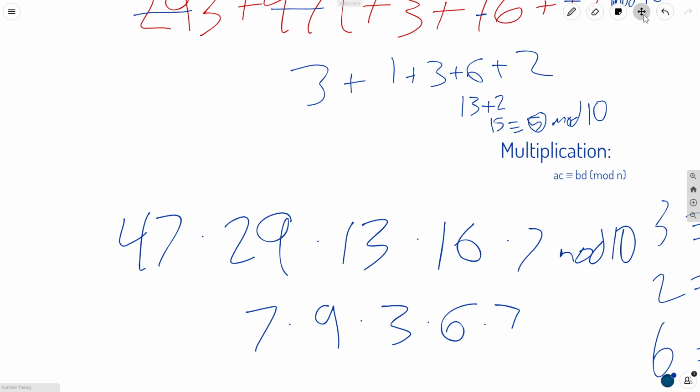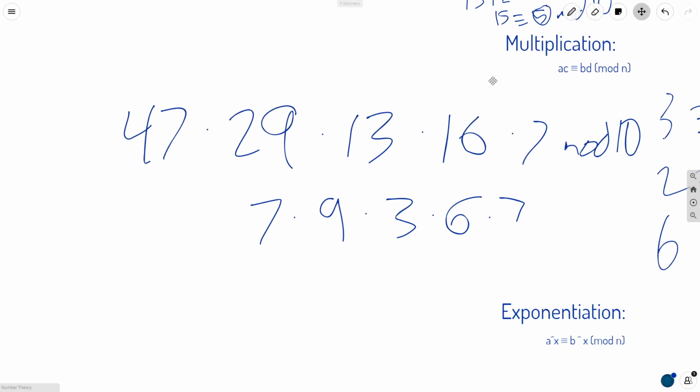Now what we can do here is, rather than having to multiply all of these large numbers out, we can notice that 7 and 7 can each be written as -3. So we have -3 times -3. 9 is a -1. And 3 times 6 is what's left from the positive numbers. So we have -3 times -3 gives us 9 times -1 times 18 right here.